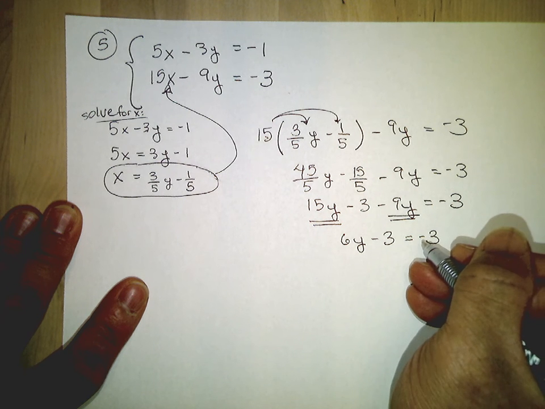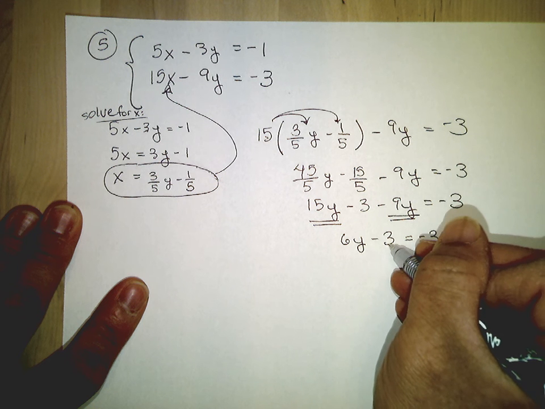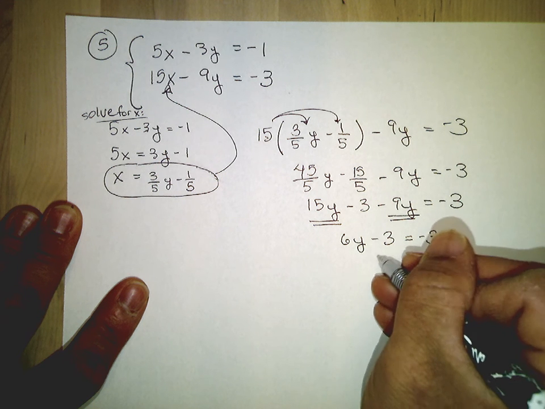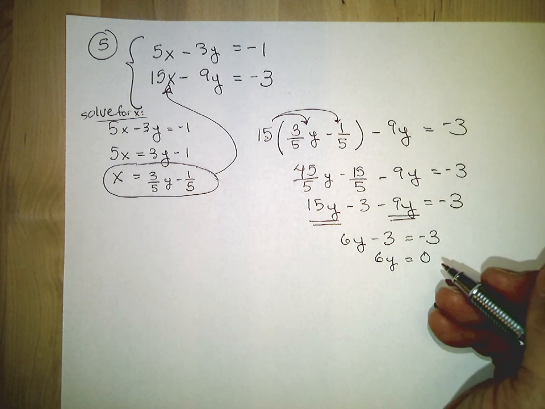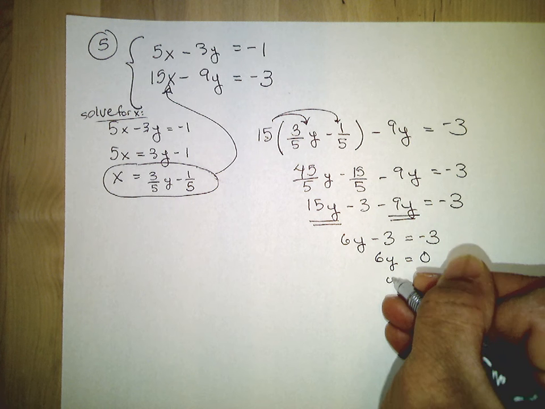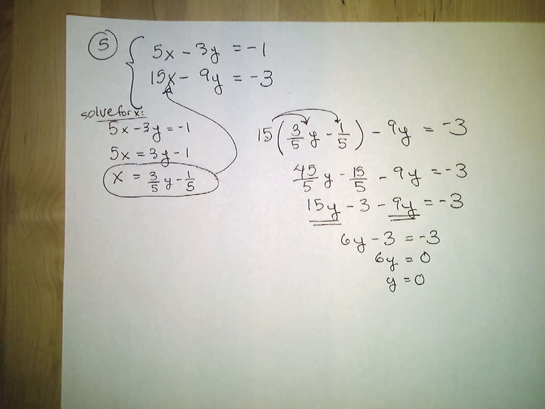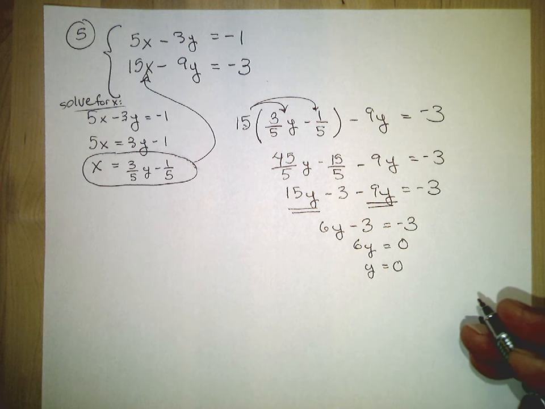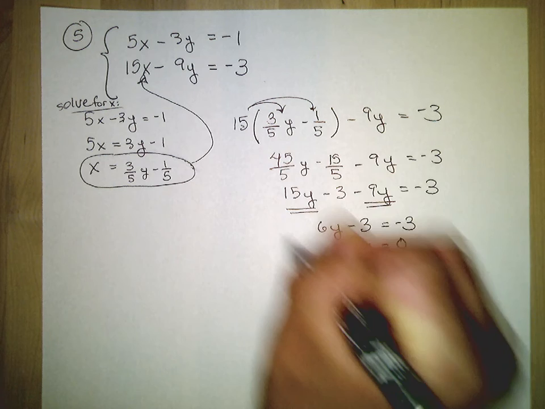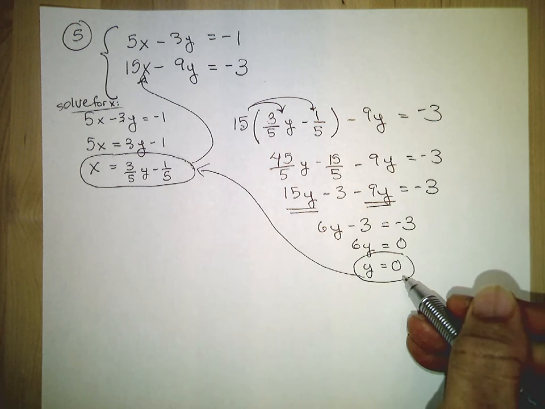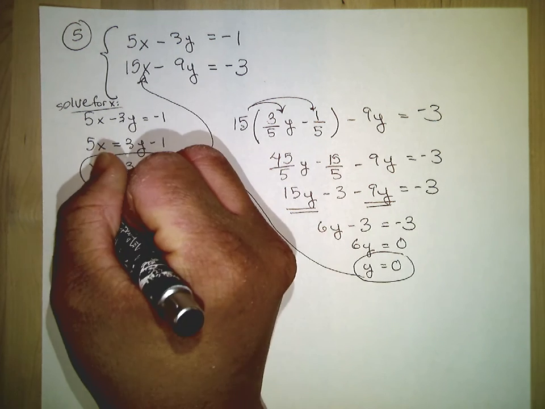Then I will add the 3 to get 0. So 6y is 0. And then y is actually 0 here. And then to find x, we substitute that y equals 0 into this equation over here.